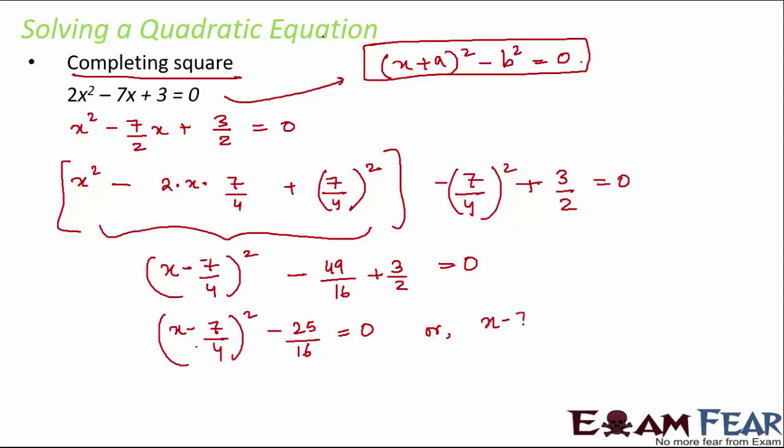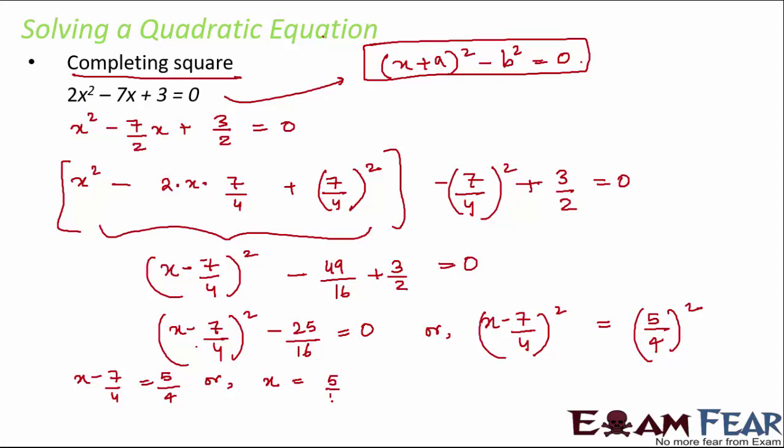So we can write it like this, x minus 7 by 4 whole square is equal to 5 by 4 whole square. So this can very well be written as x minus 7 by 4 is equal to 5 by 4, or x is equal to 5 by 4 plus 7 by 4, which is equal to 12 by 4, that is equal to 3. So that's the value of x.